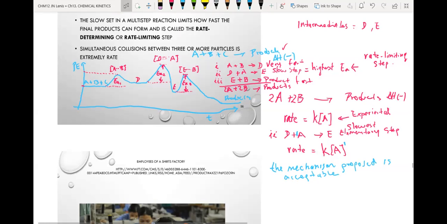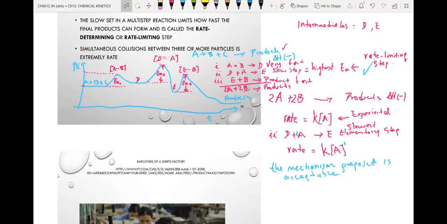So you say, yes, this mechanism is accepted, and you can write it down, and you can publish it, and you say the reaction of 2A plus 2B making this product follows this mechanism, and you can publish it. And here is the demonstration.